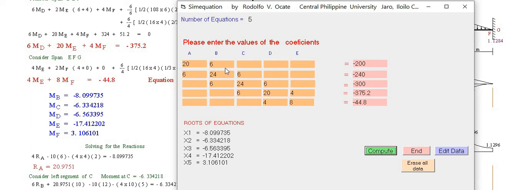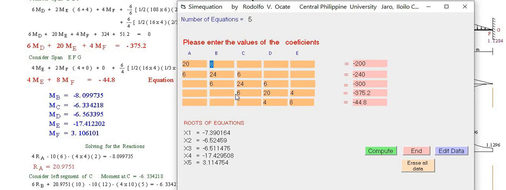Okay, that's all for the solution of the moment. I will just prove to you that this is a program. So I will change this to 8 and compute. This will change the solution. Compute. Okay, so everything is changed if I change this.